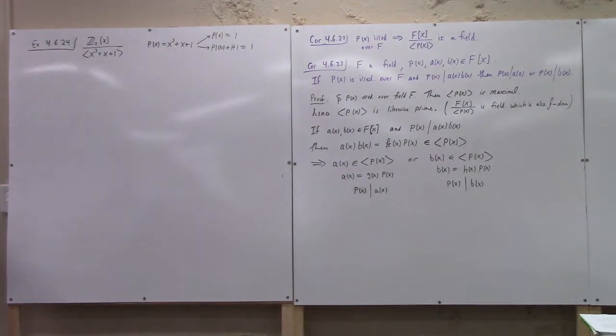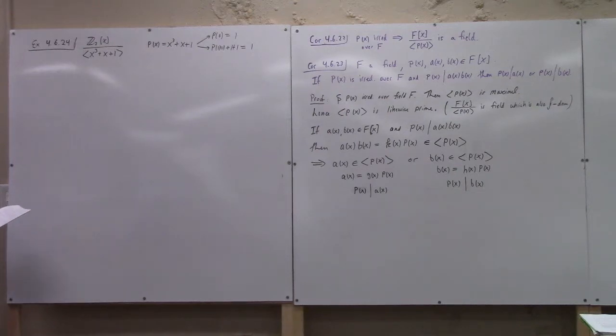Over other fields, like the rational numbers or Z mod something, you can have irreducible polynomials of arbitrarily high degree. You can find a rational polynomial of stupidly high degree which is irreducible.